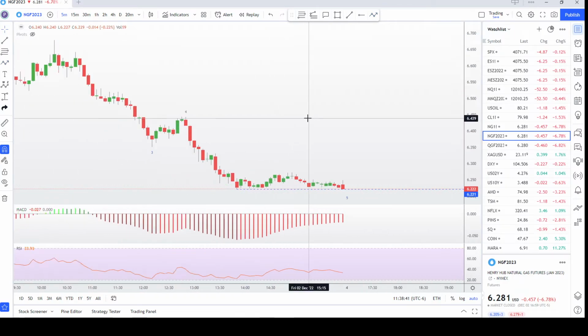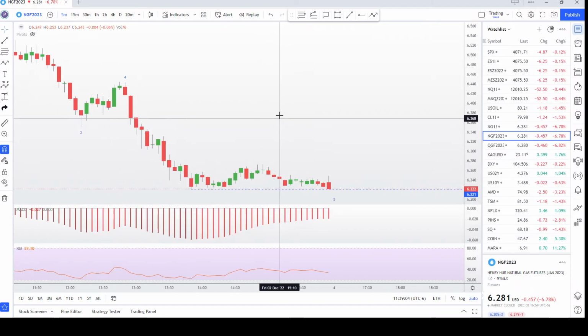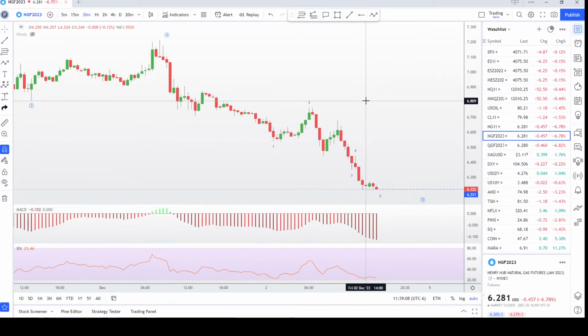So Friday afternoon, this previous low was set at 1:50 Central Time, and that was at 6221. And right before the last trade Friday, they took it all the way down to 6222. So one tick away. It's kind of surprising, because natural gas likes to do substantial gaps.